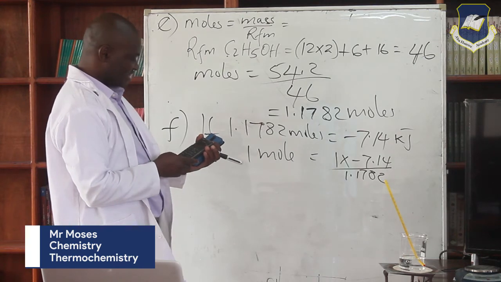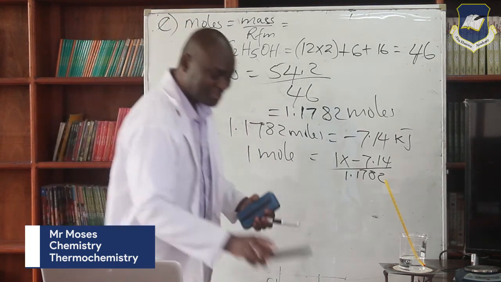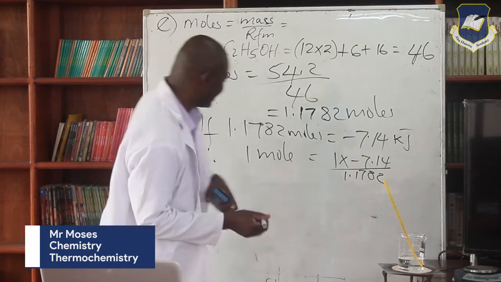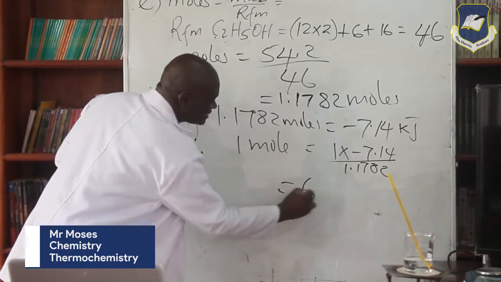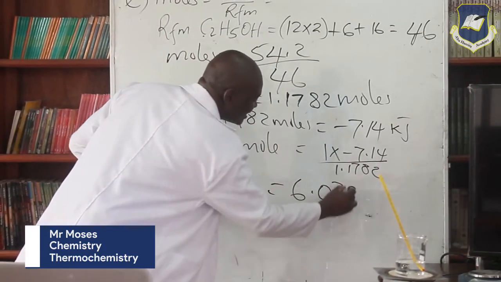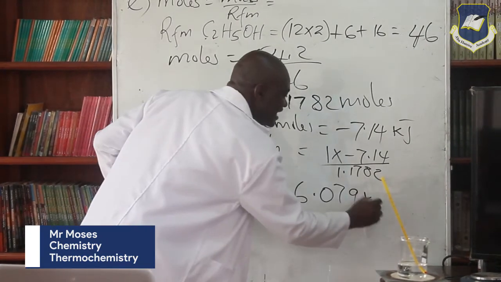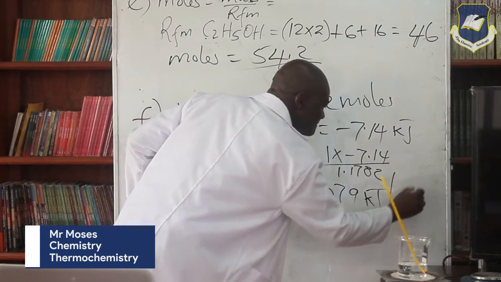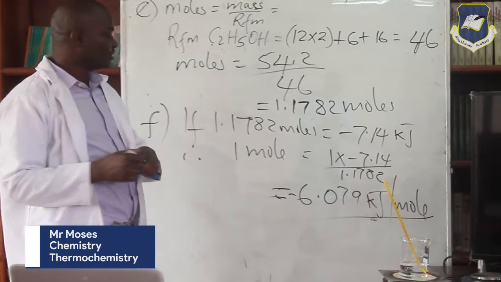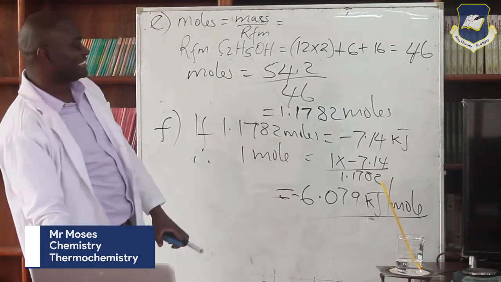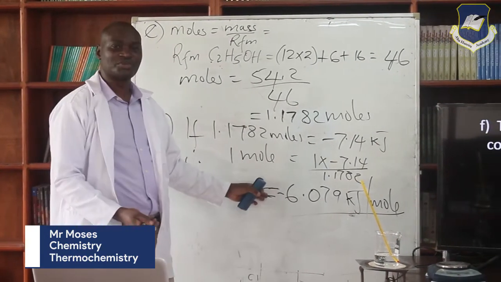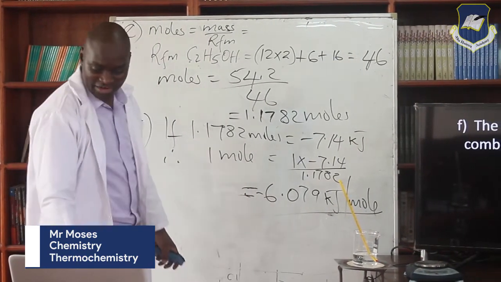This one will give us 6.059, and this is a negative. So this is kilojoules per mole. That is the molar enthalpy of combustion for burning 1 mole of ethanol.